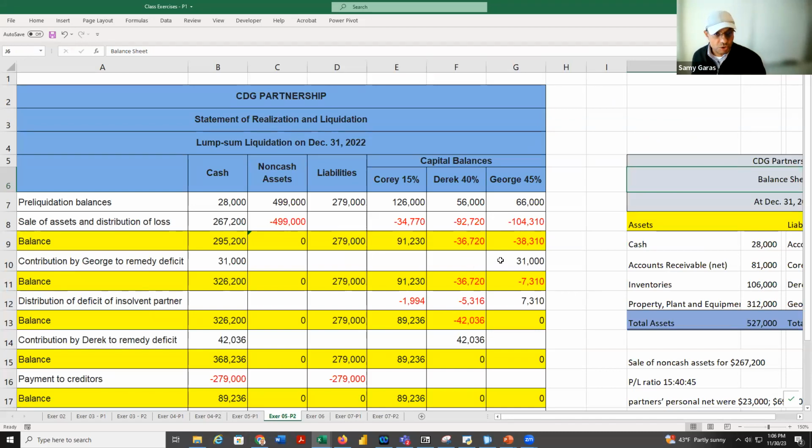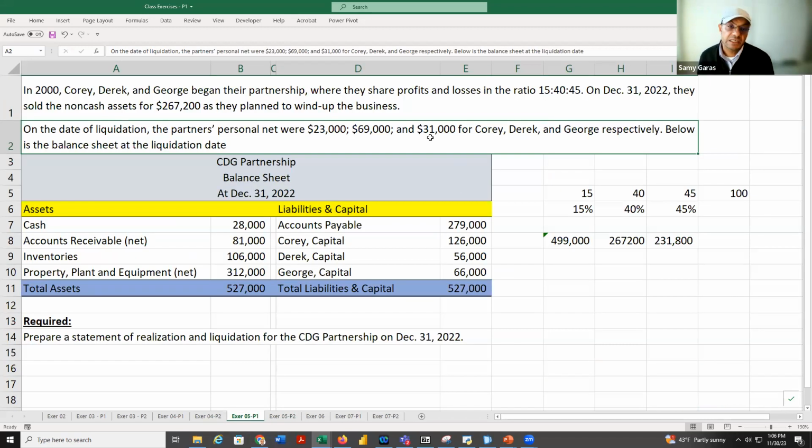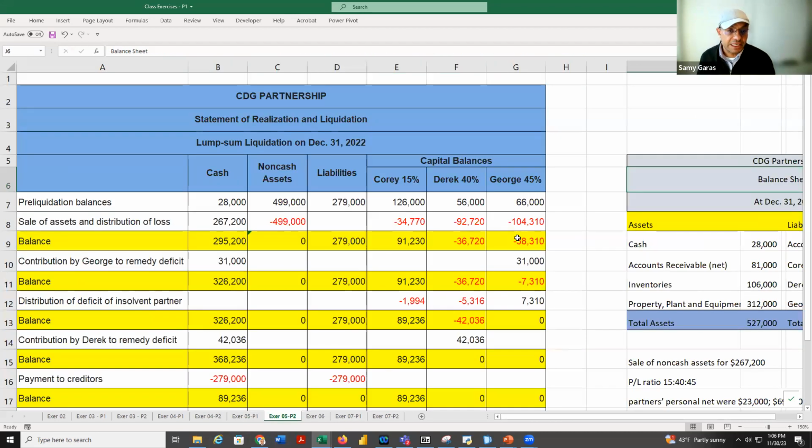I will take George, and I will tell you now why. So George has 38,310. However, his net worth is 31. So out of the 38, he can cover up 31. So still there is a deficit of 7,310 on his balance.